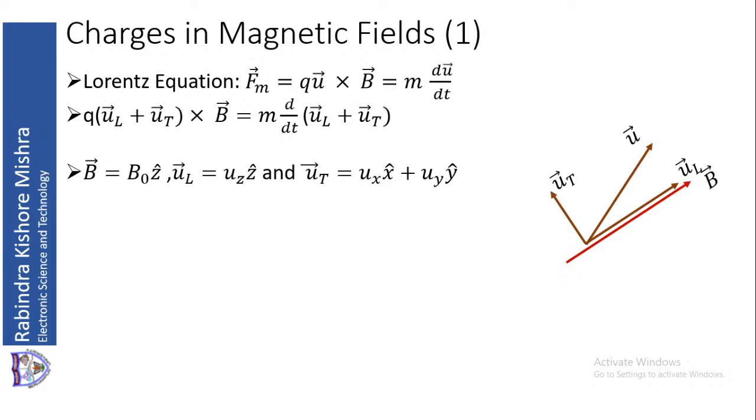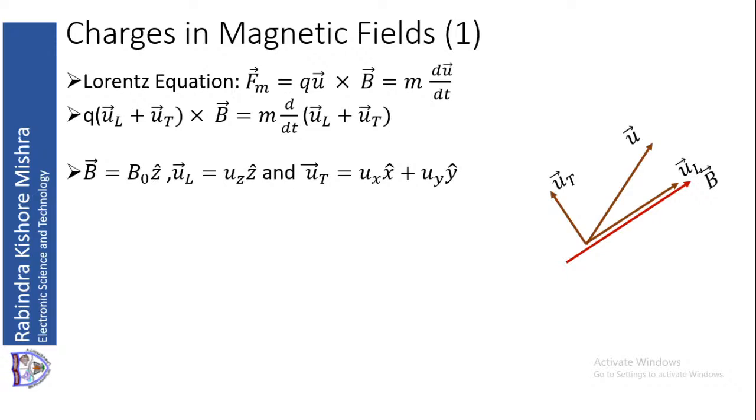Now let us take a special condition. The picture that you see is the generalized condition. We will consider a special condition here, then I will leave it to you to generalize it.